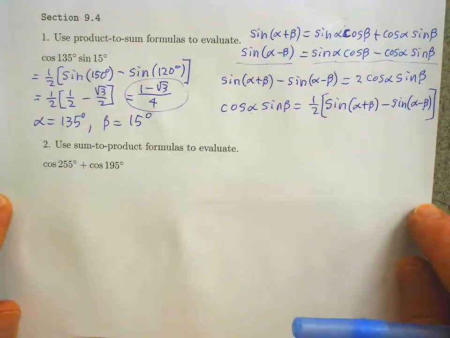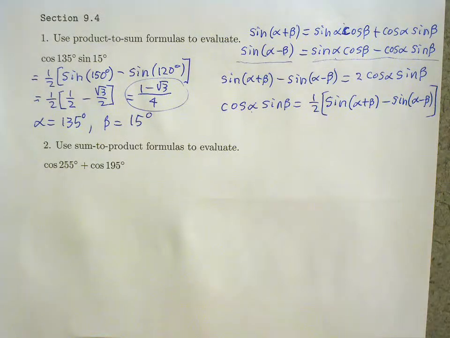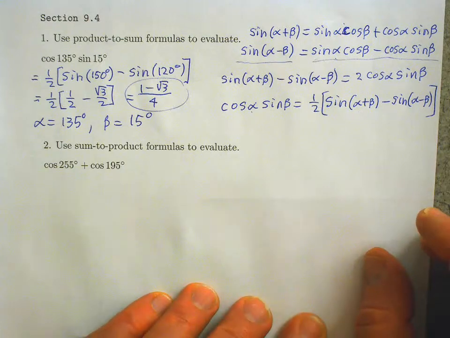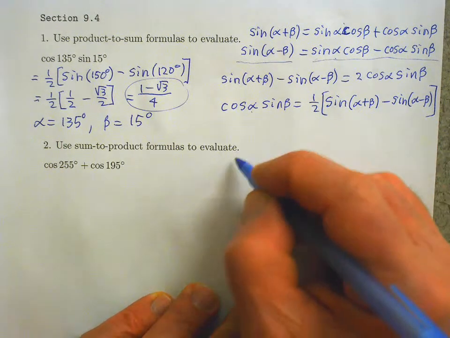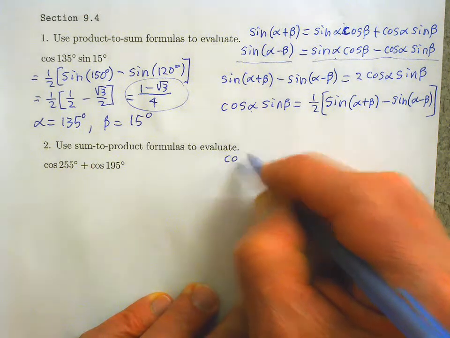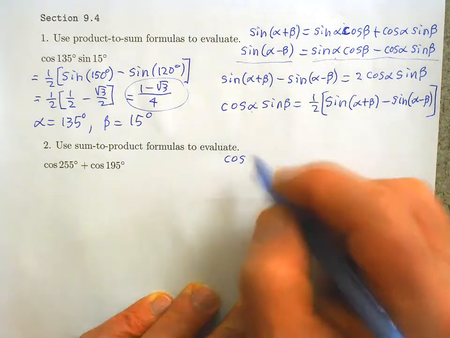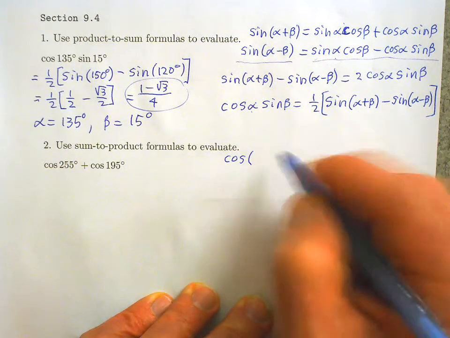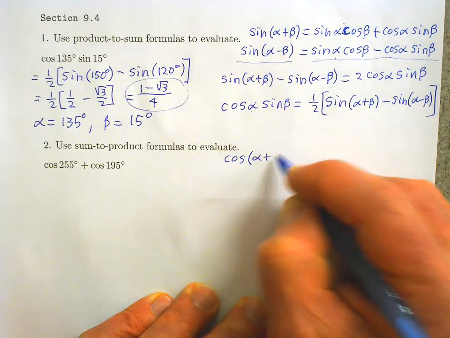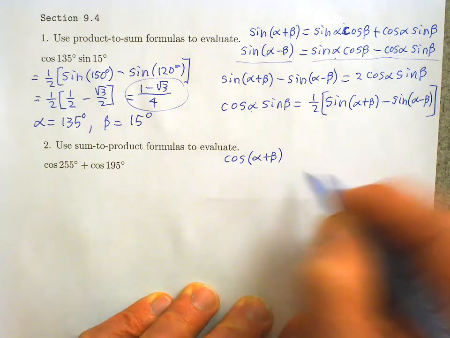Okay, then the next one, find cosine of 255 degrees plus cosine of 195 degrees. Well, on this one, I told you before, I never remember these formulas. I have to derive them every time. So let's see, cosine of alpha plus beta. I know these formulas.